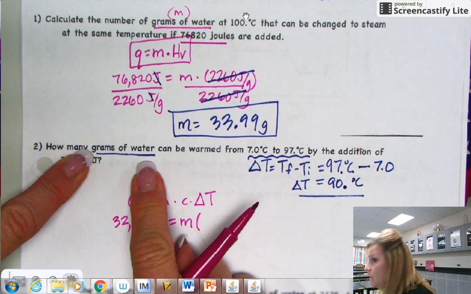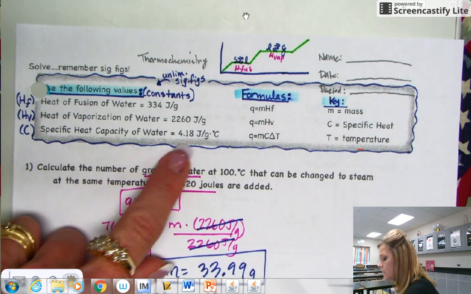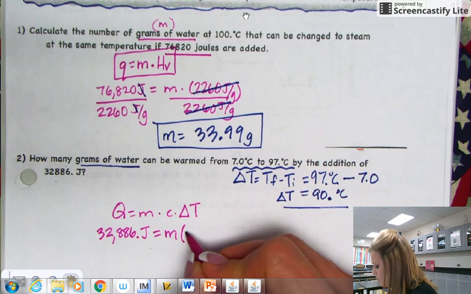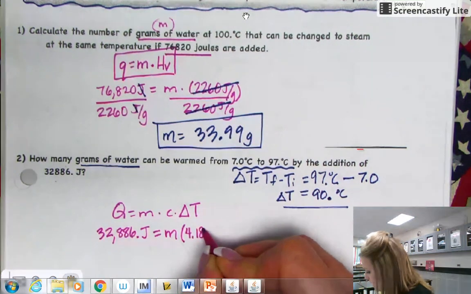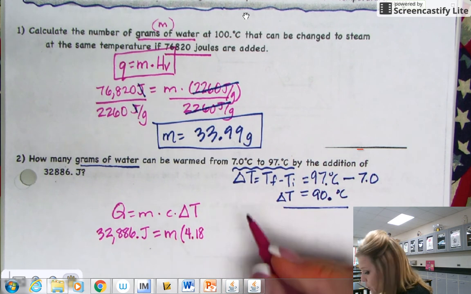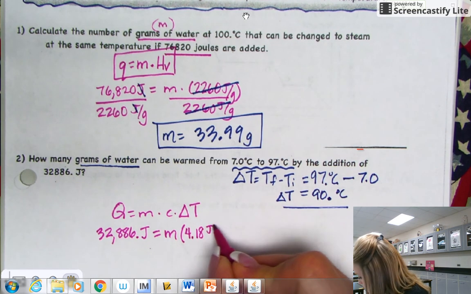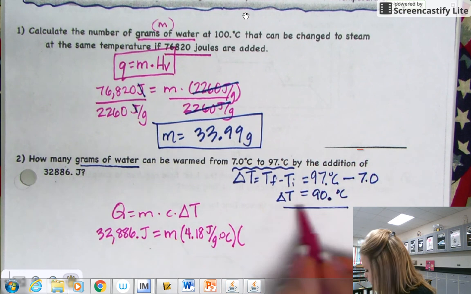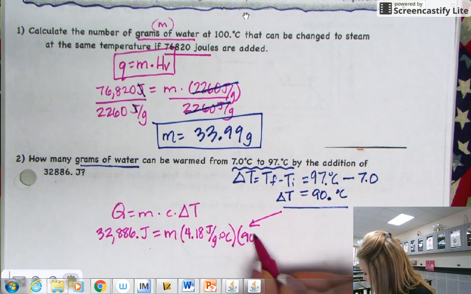The specific heat of water is given here. It's a constant, the specific heat capacity of water. We're going to plug that in. So that's going to be 4.18. Some tables will give you 4.184, but we'll use what this one is given, 4.18, and that's joule per gram degree Celsius. And we found our delta T here, so we're going to plug that in, 90 with a decimal degree Celsius.